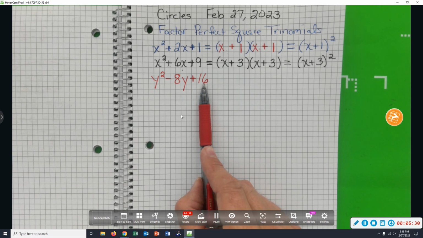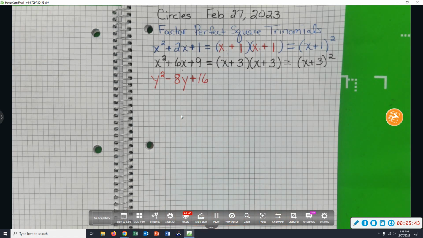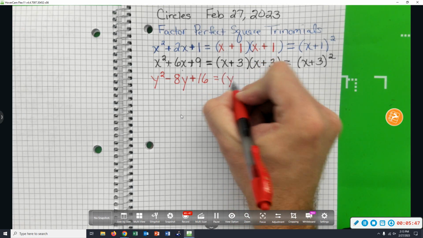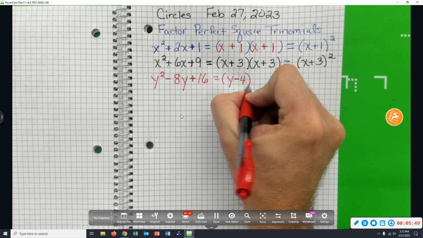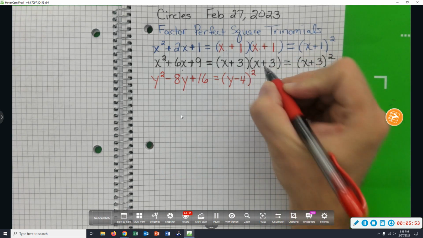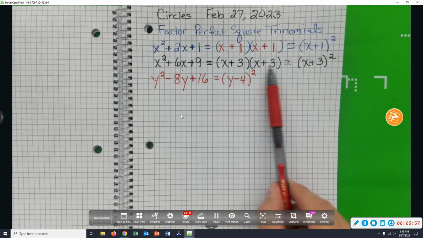This last number better be a perfect square. 4 and 4? Negative 4. Yeah, 4 times 4 would give you 16, and negative 4 plus negative 4 would give you negative 8. Yeah, this is a perfect square trinomial. So it would be y minus 4 times itself. How about just y minus 4 squared? I skipped the step where I wrote two sets of parentheses.